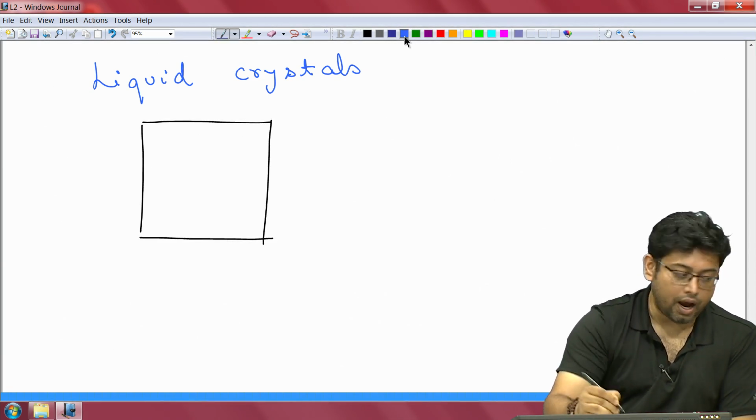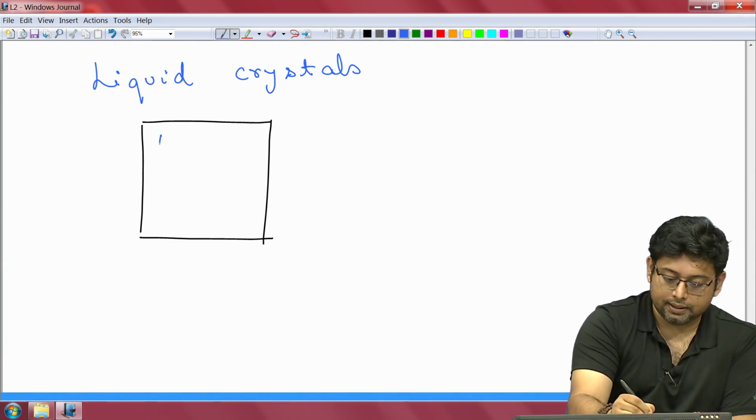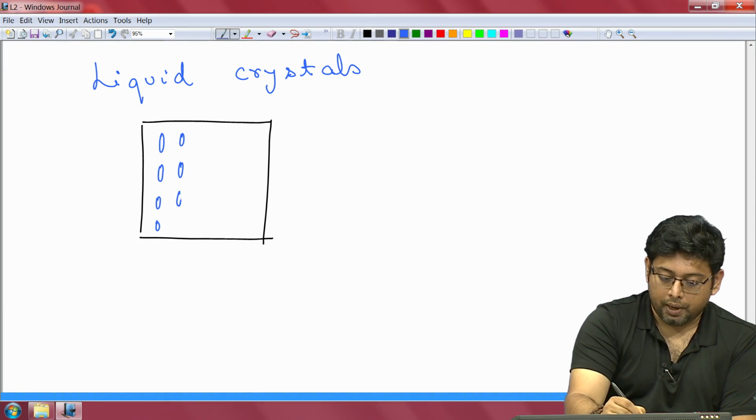Let us say if you wanted to make a crystal, you have some molecules that you are going to place, and then you are going to place them in proper lattice structures. Right. So, this is an example of a crystal.